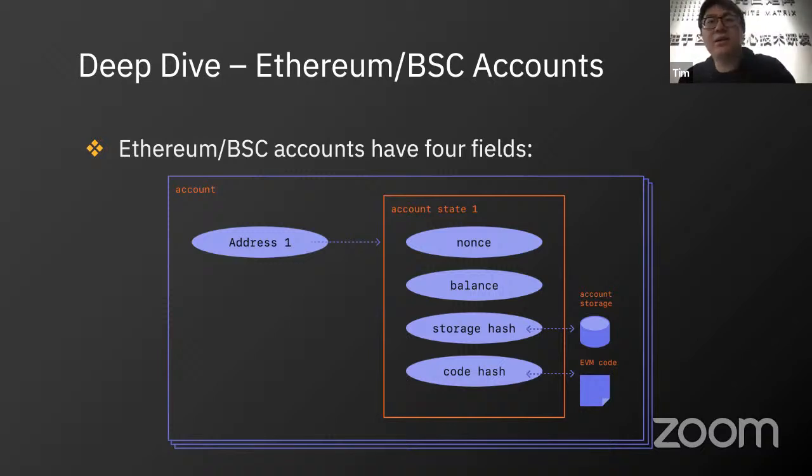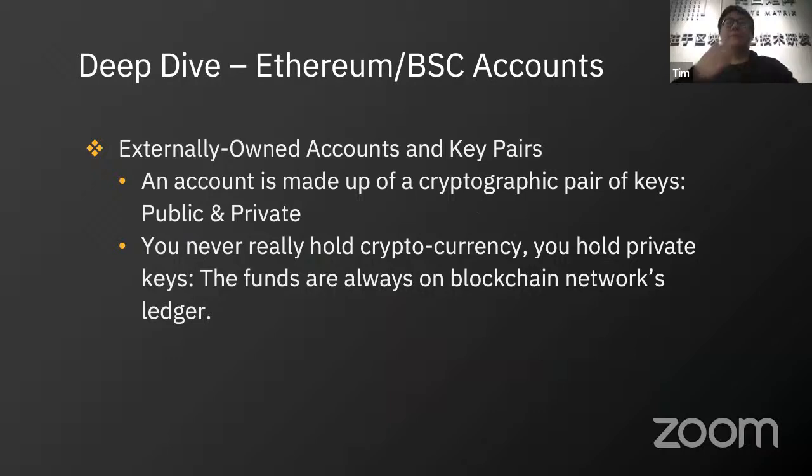The second one is the balance, which is the amount of money in this account. The third one is the storage hash, which is just a hash of the account storage, and the fourth one is the code hash, which is just a hash of the EVM code. The storage hash and the code hash only exist in the contract account. For an external account, you don't have these two fields.